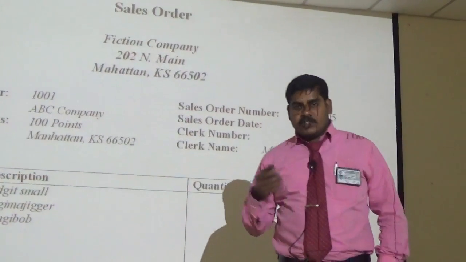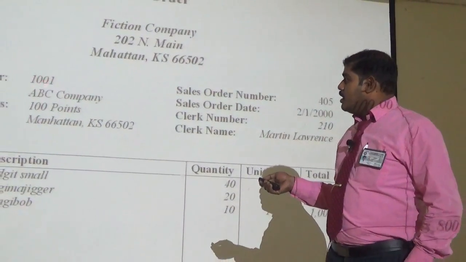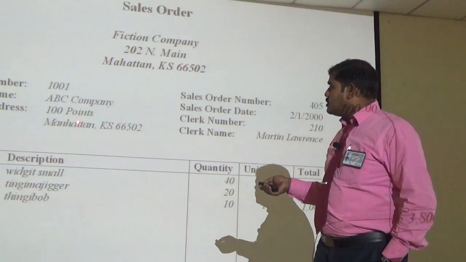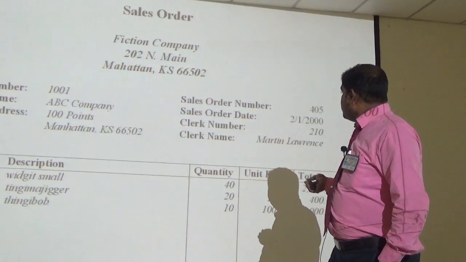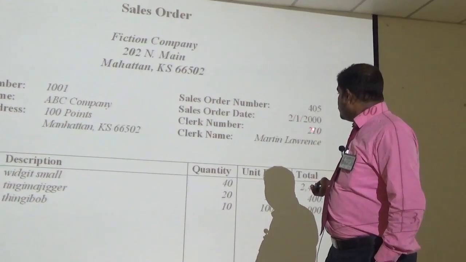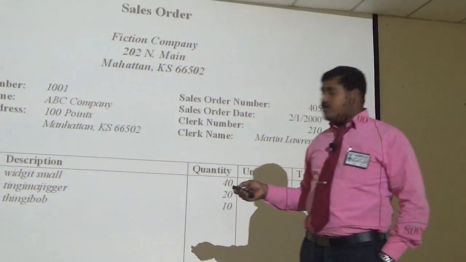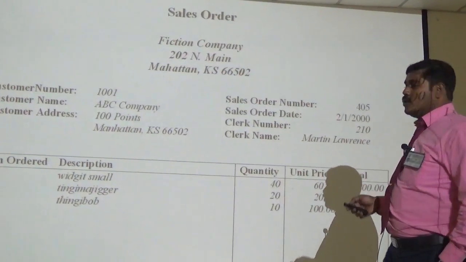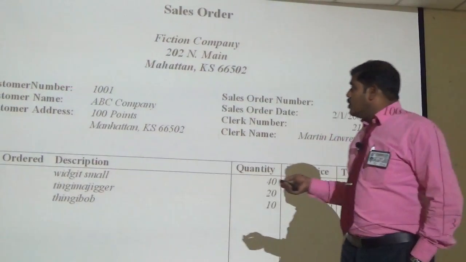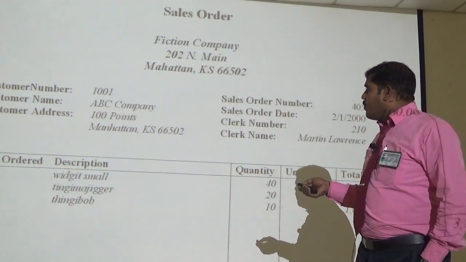This is the first record. Second record, once again 1001 ABC company, 1000 parts, 1000 points Manhattan, and then 405 the sales order number, sales order date 2/1/2000, 210 Martin Lawrence. The second item is 801 Thingy Magiger 20 and 20. Once again the third item, 1001 ABC company, 1000 points.